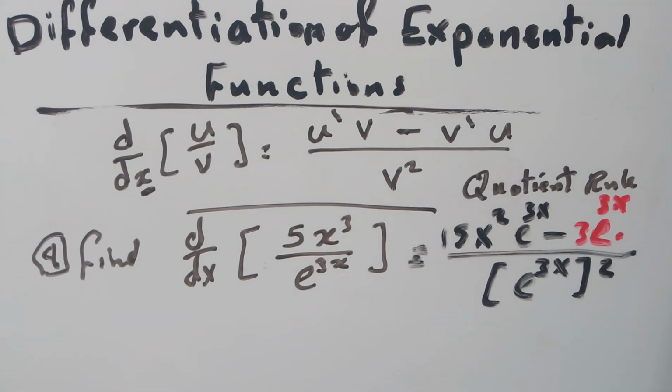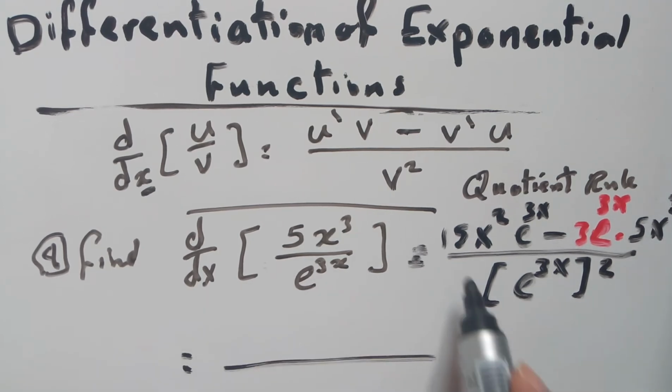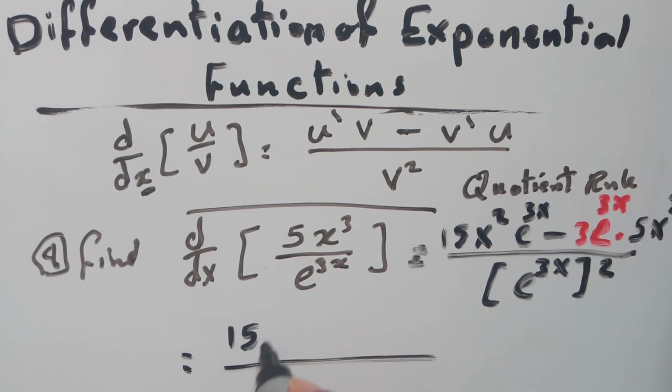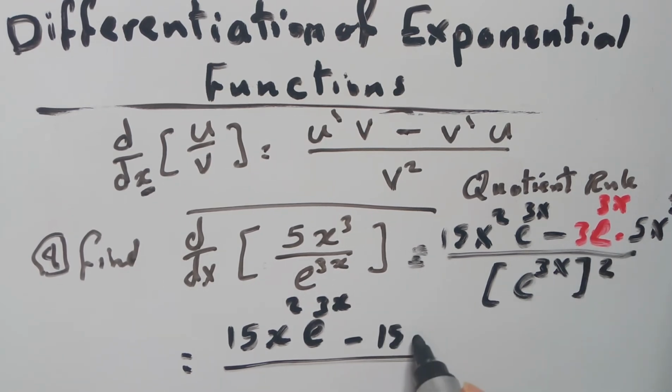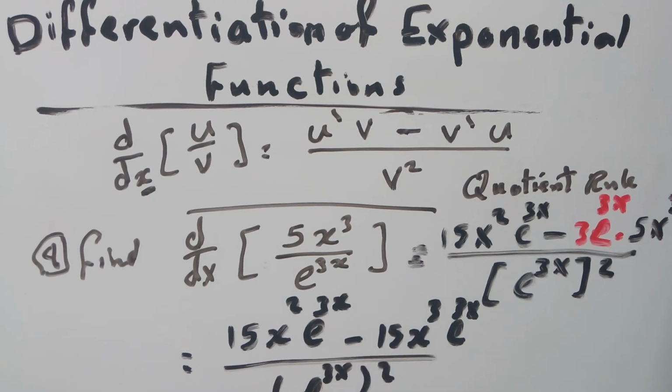By the numerator here, 5x to the power 3. Simplify your writing, 15 x to the power 2 e to the power 3x minus 3 multiplied by 5, it will be 15 x to the power 3 e to the power 3x, divided by e to the power 3x all to the power 2.